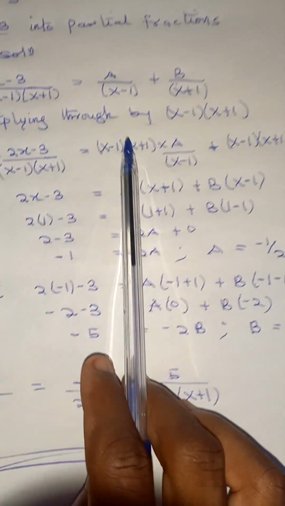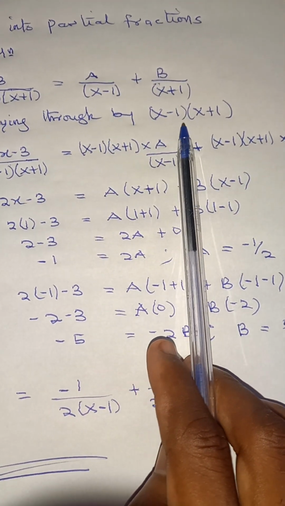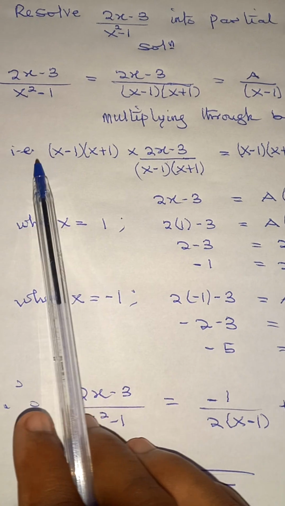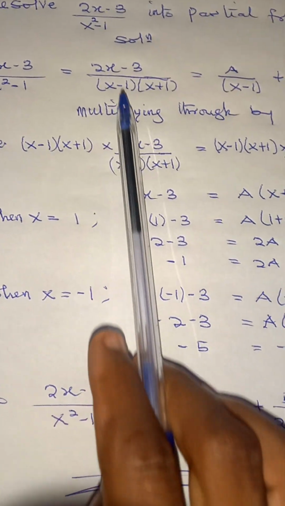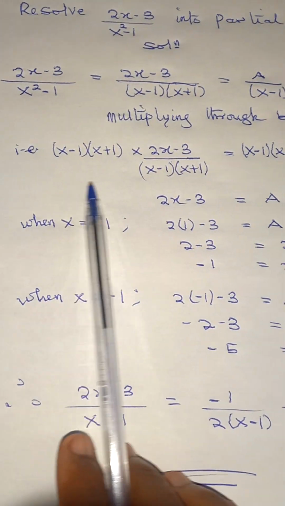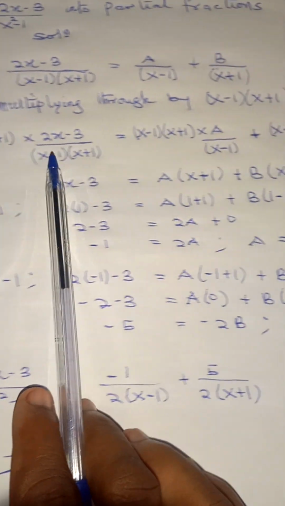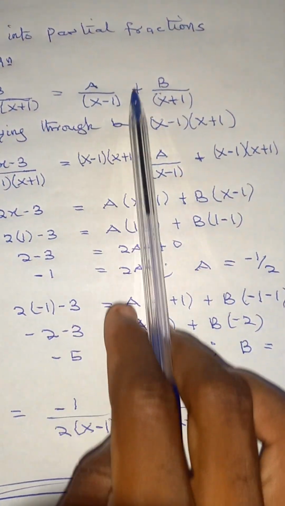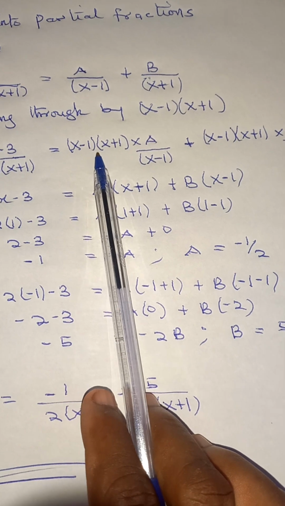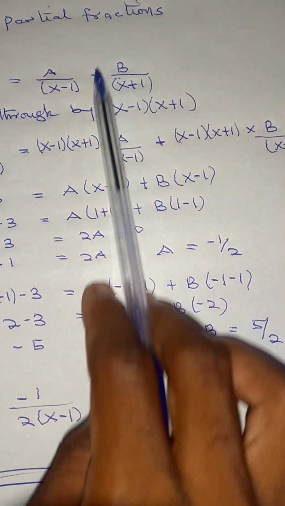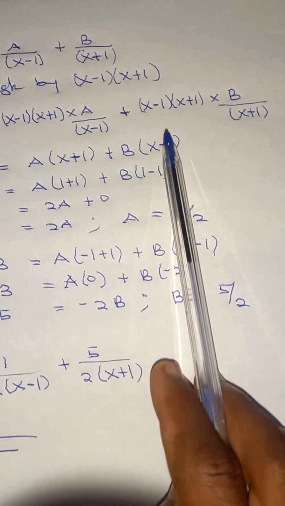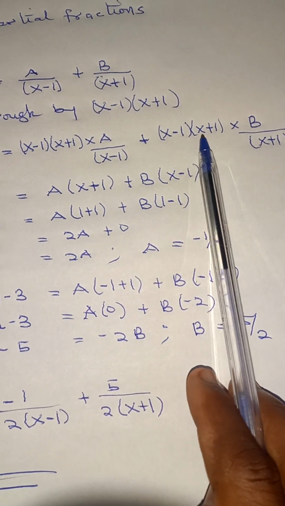So multiplying both sides by the LCM, this is what we are going to have. So I'm multiplying this with the LCM, x minus 1, x plus 1. And I am also multiplying this with the LCM. And finally, I am multiplying this term 2x minus 3 with the LCM, x minus 1, x plus 1.